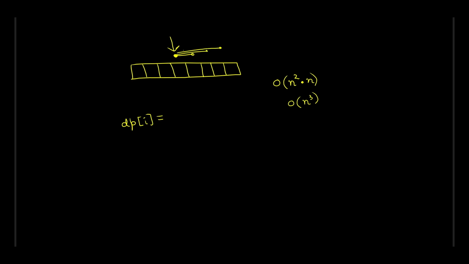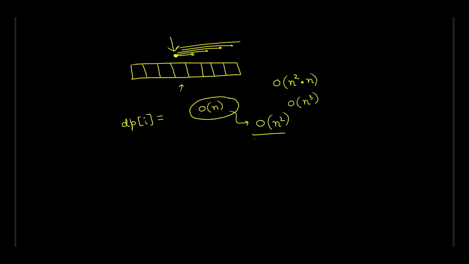And in this manner, for each index, you only have to do O of n iterations to find out the answer. So then you can reduce the time complexity from O of n cube to O of n square.